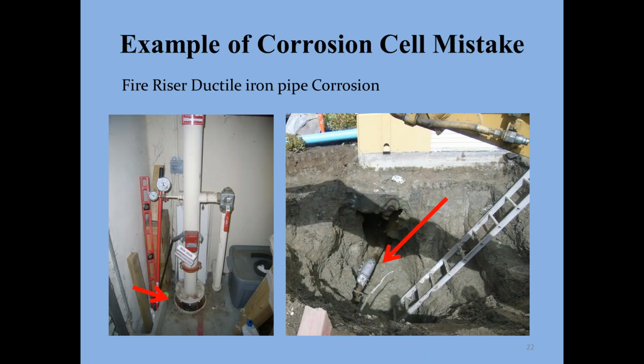This is a case study of a fire riser. This happens very often. I don't know why it's not in the building code to simply put the isolation joint in there. But anyways, what happens is often you have this short 8-foot piece of ductile iron pipe underground that connects to PVC water main line, and then at 90 degrees goes up into a building to a flange at the floor, and then enters the rest of the building.